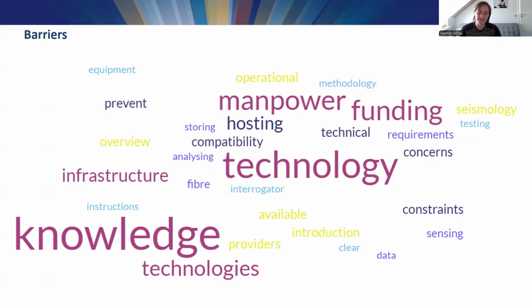And they are lacking the manpower and the knowledge on the technology. Some also are lacking the infrastructure or interrogators, but that is, in my opinion, also correlated with funding. If we would all have unlimited funding, we could all just lay a few fibers dedicated to fiber sensing out and put our own interrogators on it.